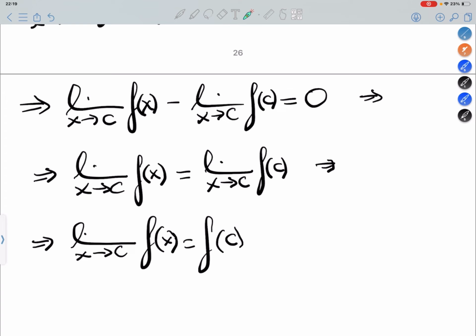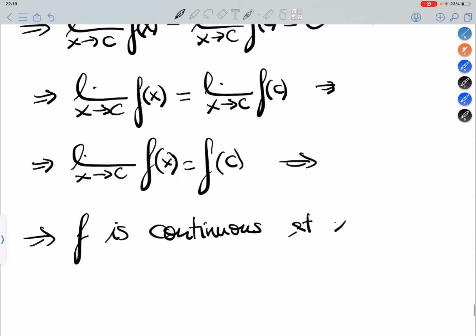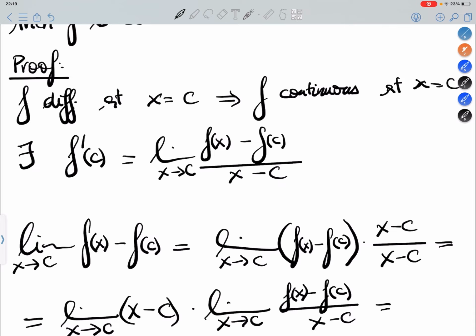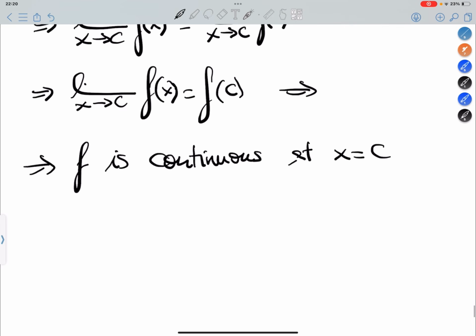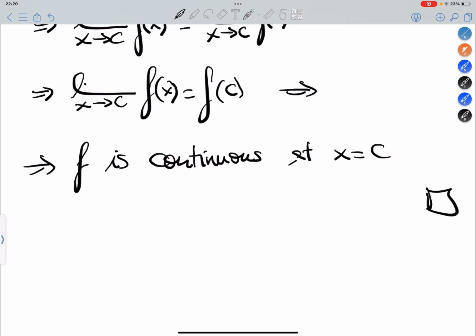So this implies that f is continuous at x equals c. So we have proven that if f is differentiable at x equals c, then it is continuous at x equals c, which was our goal.